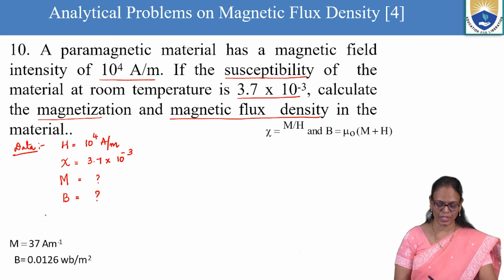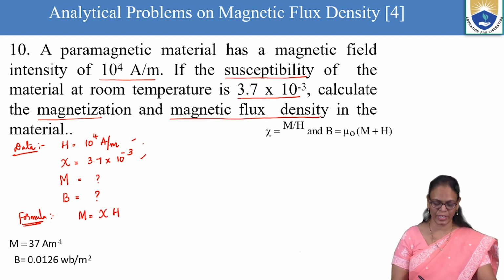Okay, so what is the formula we have for M? M is equal to chi into H. We have both the values of chi and H, so we can directly substitute and get it. Now, how do we get the flux density?